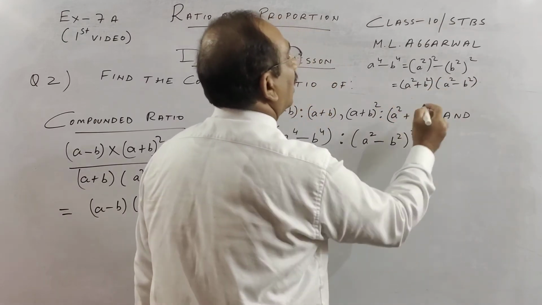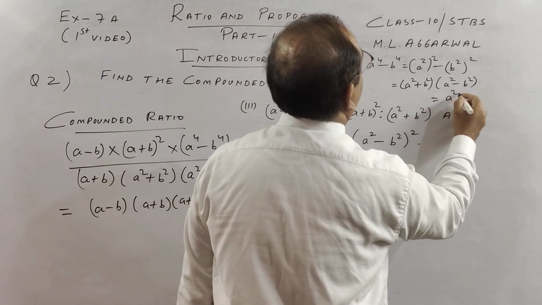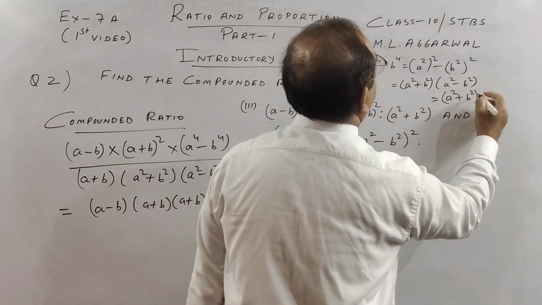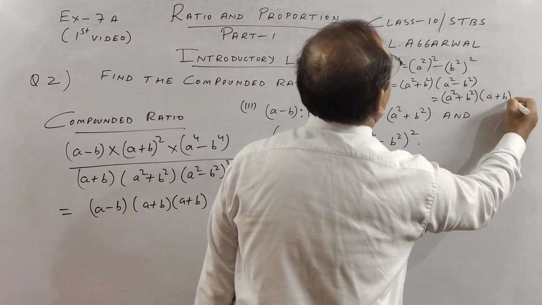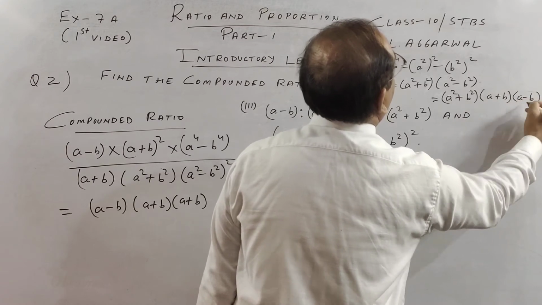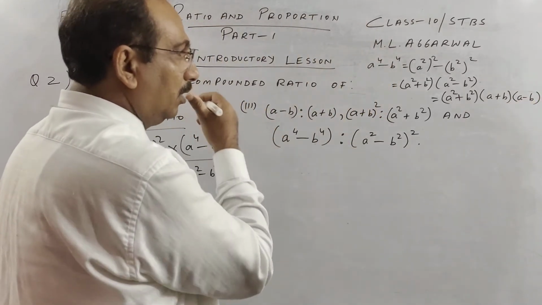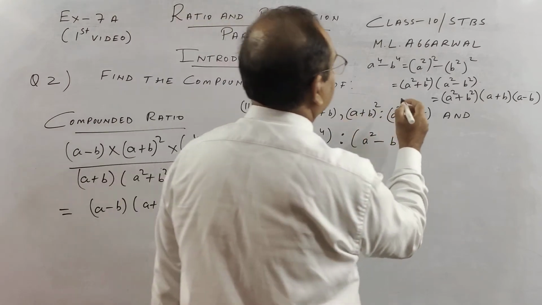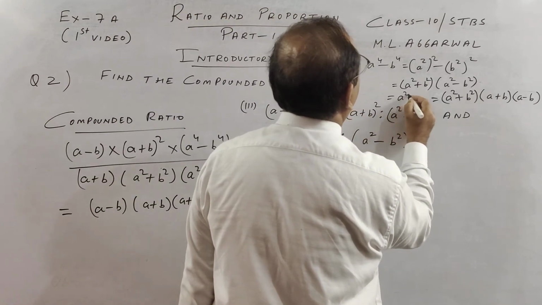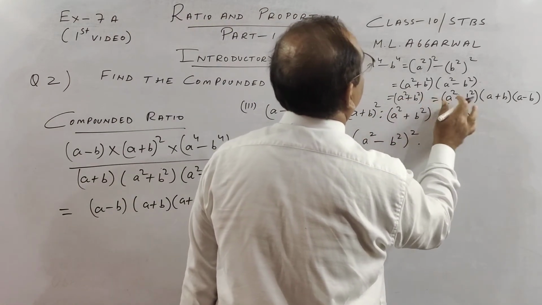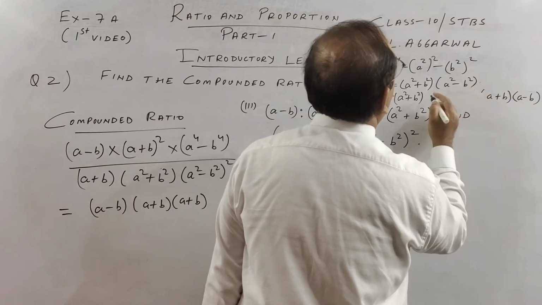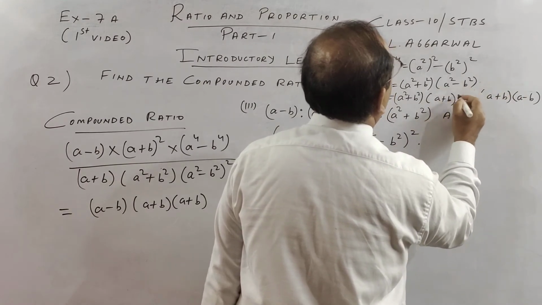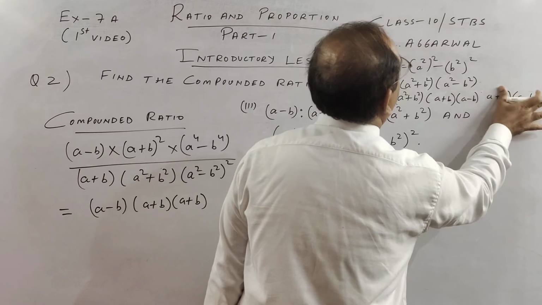And finally this, children, is plus, you have no other factorization, minus is A plus B, A minus B. So here we get A plus B and A minus B.